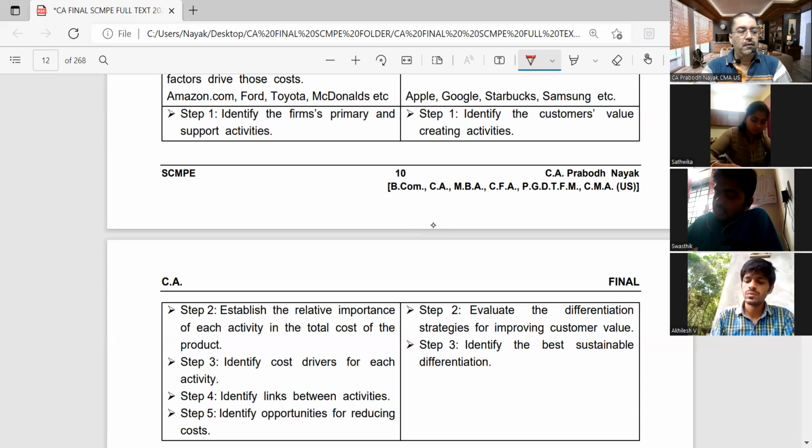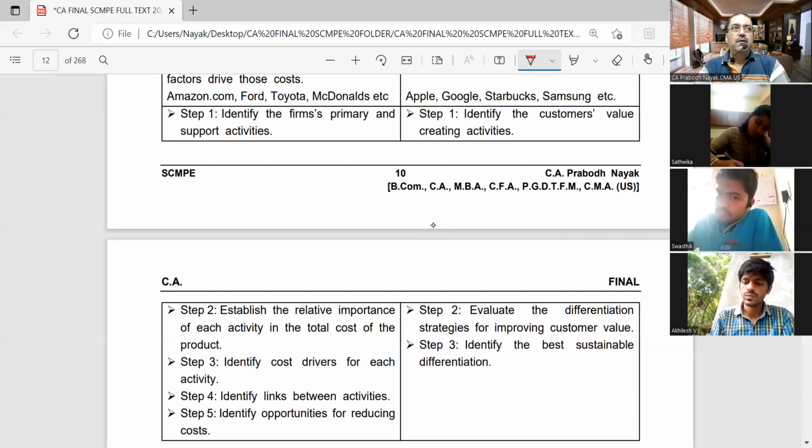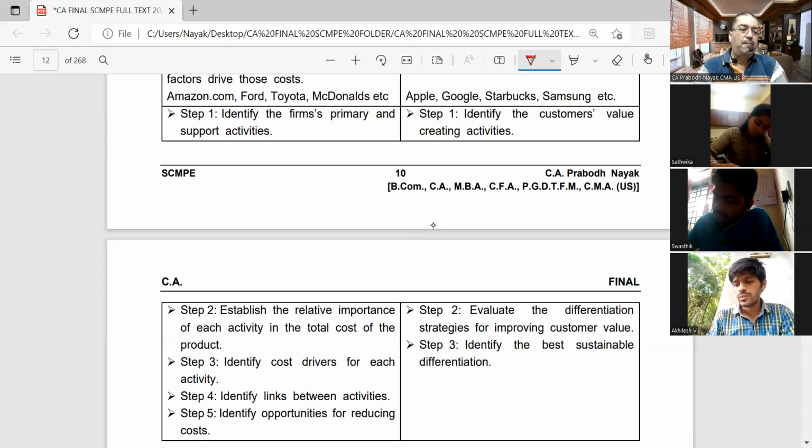Below that, you write the total cost of producing a product or service must be broken down and assigned to each activity.